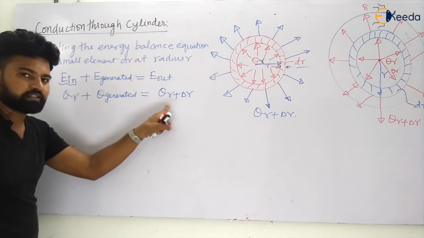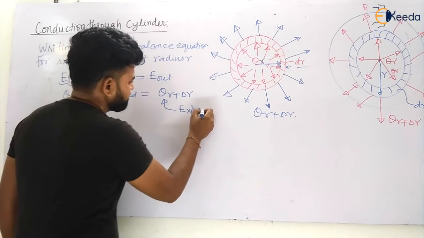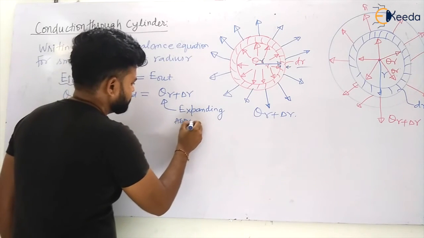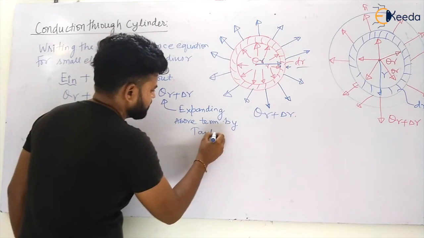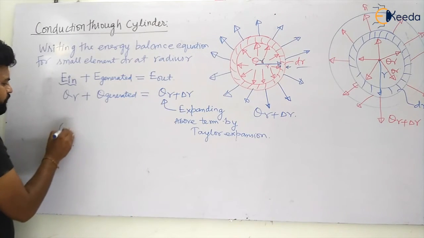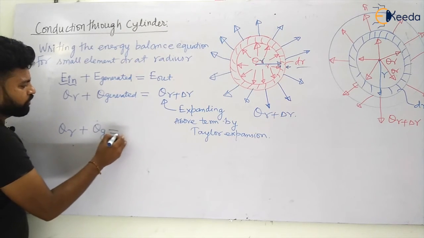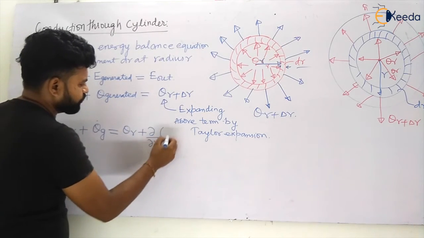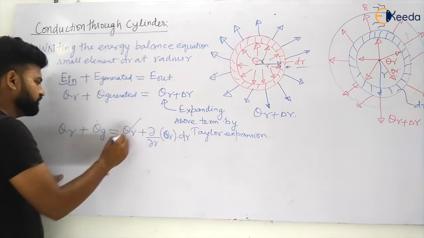So can I expand this by Taylor series? So expanding the above term by Taylor expansion, let us see what will happen. So this will become Qr plus Q generated G is equal to Qr plus del by del r of Qr into dr. So can I neglect the higher order terms, my dear students?